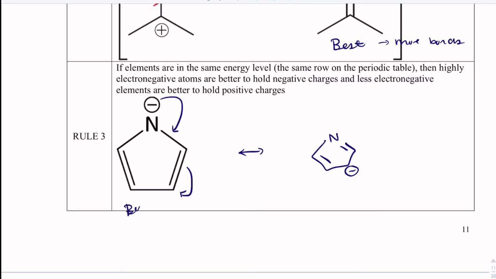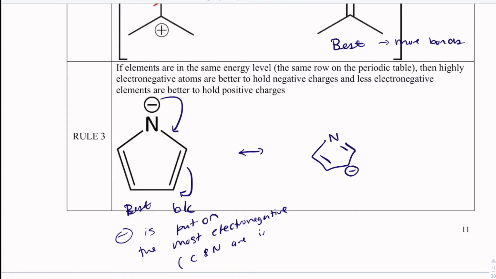This is best because the negative is put on the most electronegative. And then I would add that carbon and nitrogen occupy the same amount of energy levels.